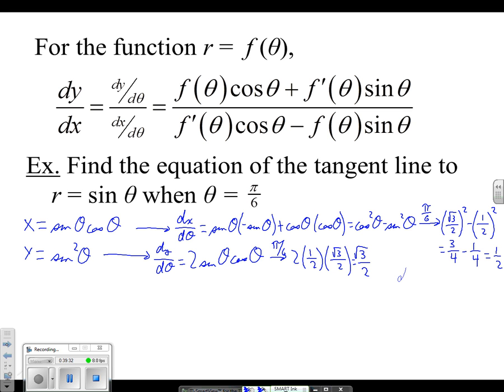So dy over dx would be dy over d theta, which is root 3 over 2, divided by dx over d theta, which is 1/2. So the slope of my tangent line is radical 3.